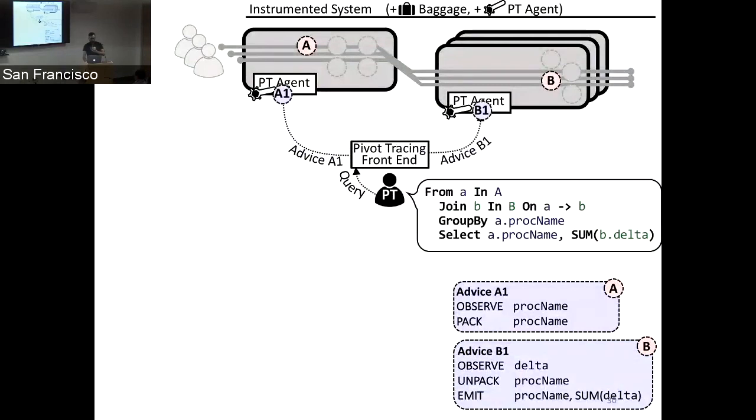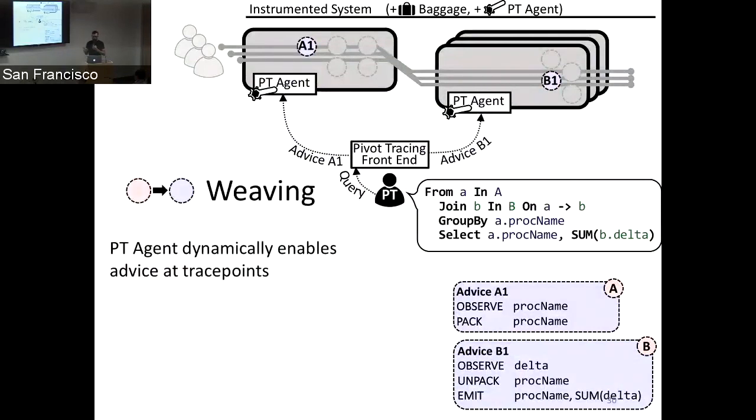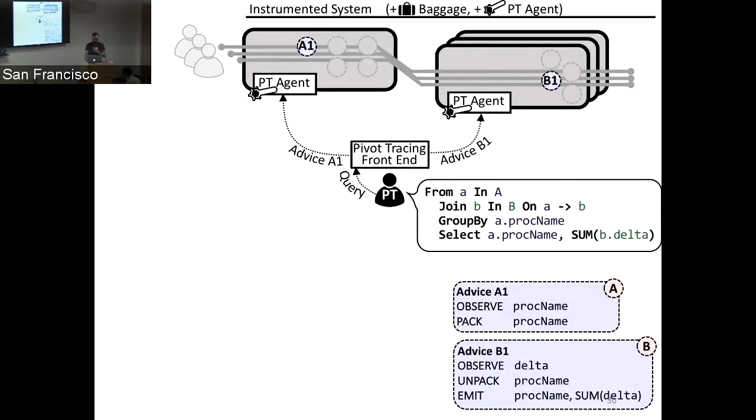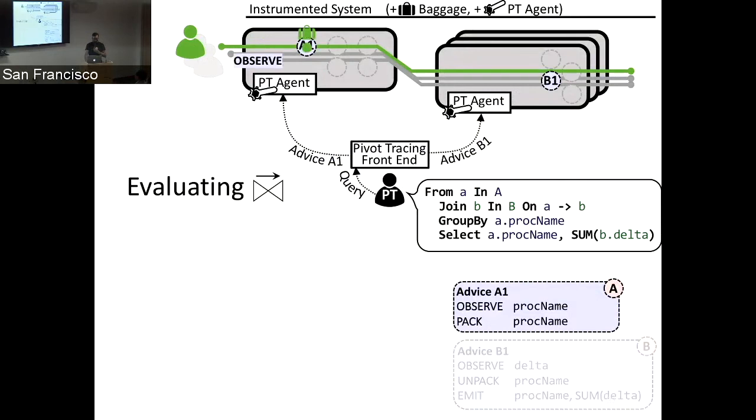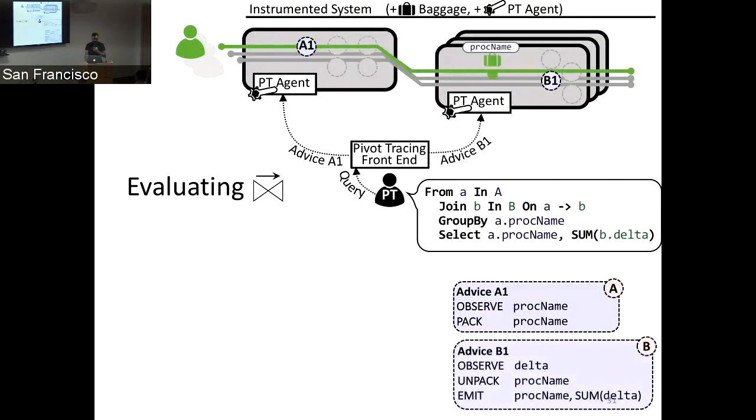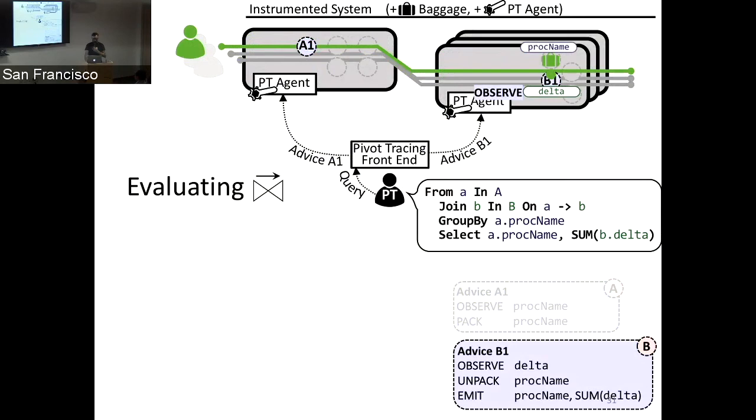So what happens here, more amazing animations, is this thing that they call code weaving, and so pivot tracing dynamically enables this advice at the trace points, and when you're evaluating in A1, you observe proc name, you pack it into the baggage, and then in B1 you observe delta, you unpack the proc name, and you send it off to the agent where it does something, and the something is smart.